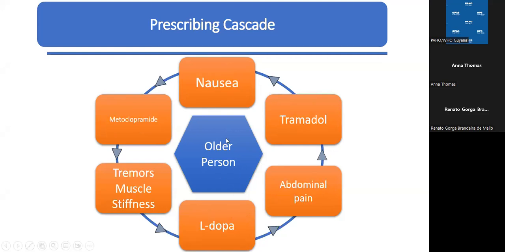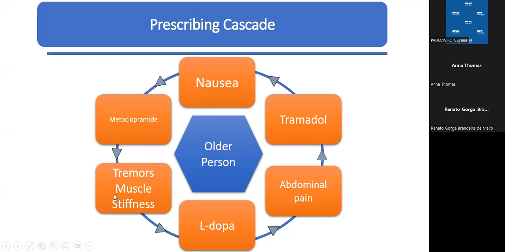Here, another person presents with nausea. I prescribe metoclopramide. Because of metoclopramide, this patient presents with tremors and muscle stiffness because of the anti-dopaminergic effects of metoclopramide. Tremors and muscle stiffness can be interpreted as Parkinsonism or Parkinson's disease.